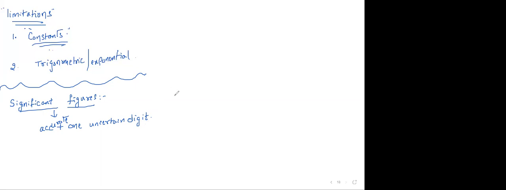Students, if you want to know the exact meaning of significant figure, let us take this normal scale. This is 0, 1, 2, 3, 4, 5, 6, 7, 8, 9, 10. This is 1. Now 1, 2, 3, 4, 5, 6, 7, 8, 9, 10.